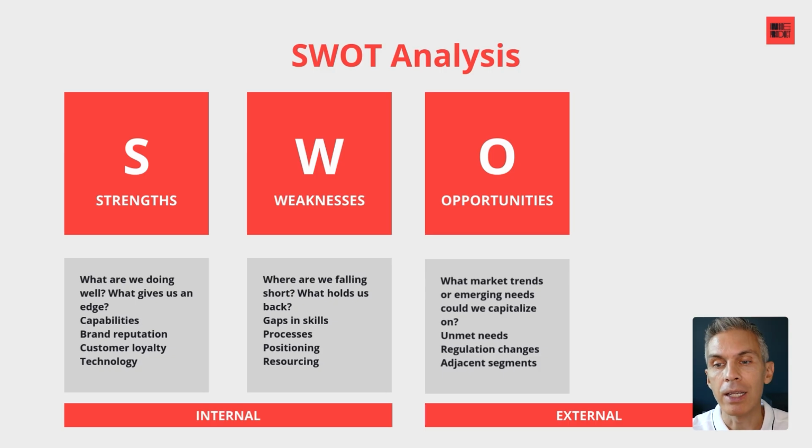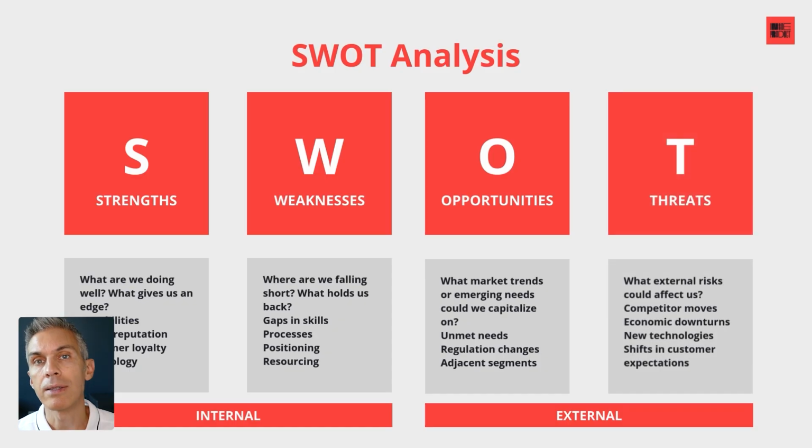Or you might be able to move into an adjacent segment: you have a product that already serves one segment well, but you could expand it to a new segment. For example, if you have a product for architects, you potentially could have a product for engineers, maybe not that far away from what you have right now. That's obviously a simplification, but something that I have been working on in the past, and it's kind of common to happen.